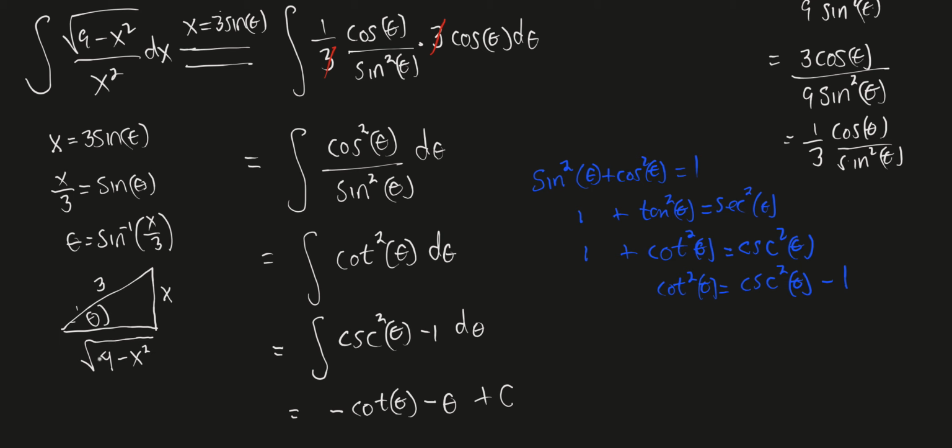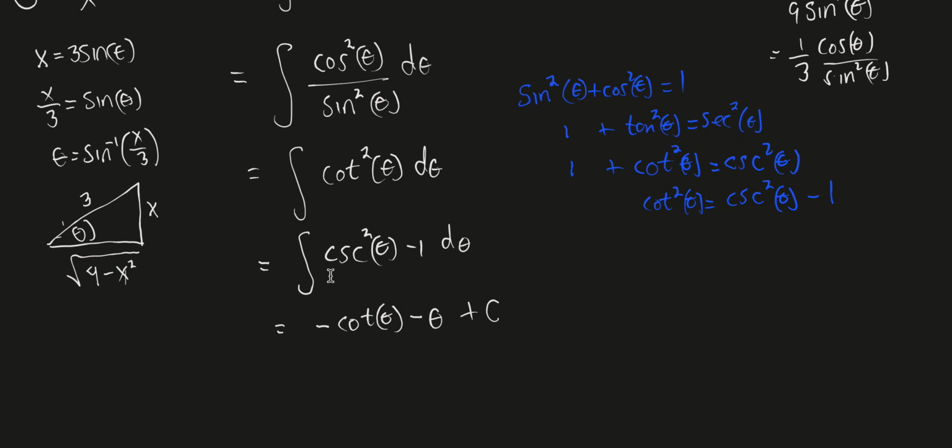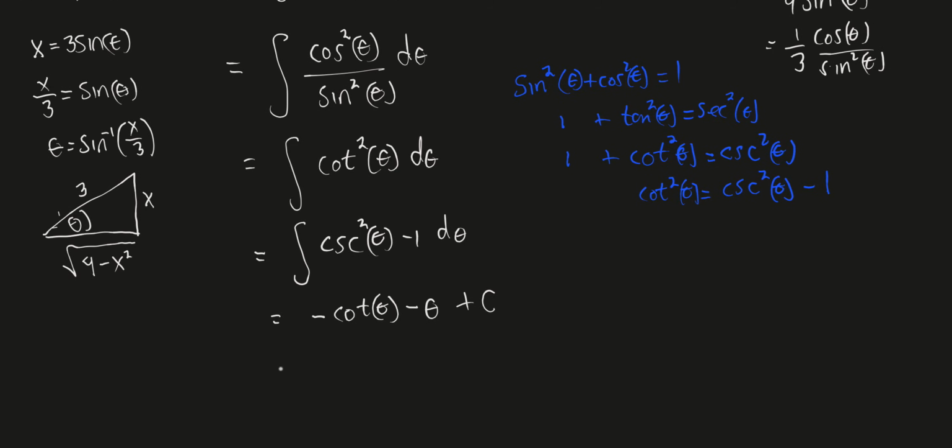So looking at this, before we switched it back in terms of x, remember cotangent theta is 1 over tangent theta, and then we have minus theta there.